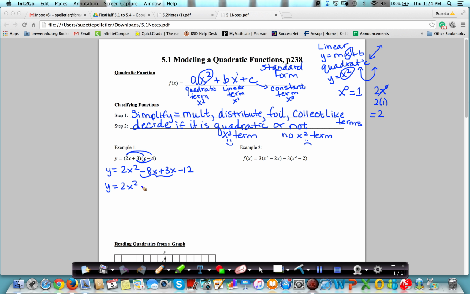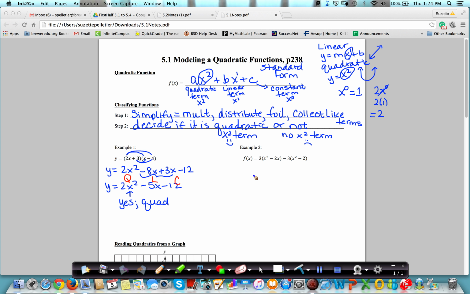Negative 8 plus 3, negative 5x minus 12, and that is as simplified as it gets. And since there is an x squared term, I'm going to say yes, that it is quadratic. And to label my parts, I'm going to say this is the quadratic term, negative 5x is the linear term, and negative 12 is the constant term. So you're going to be labeling them after as well.